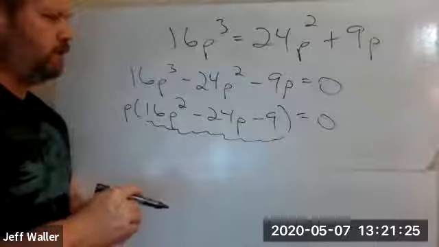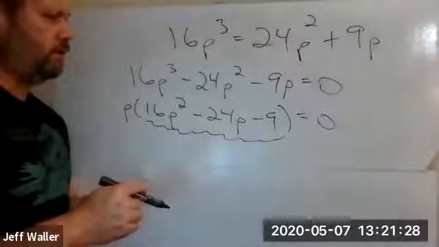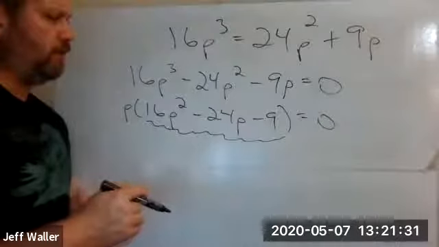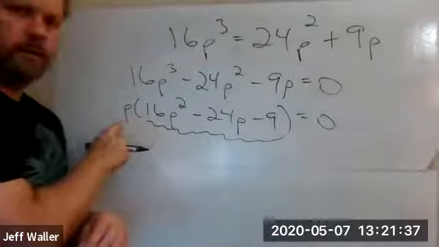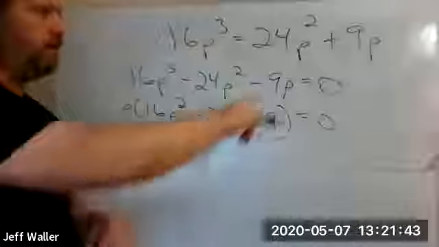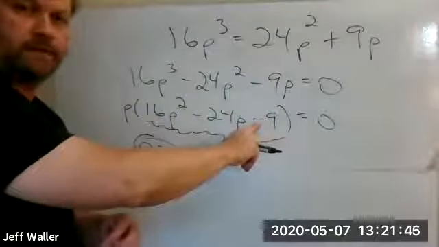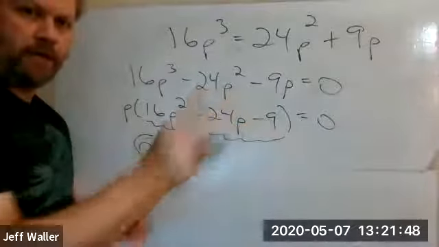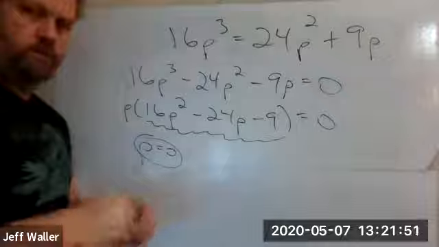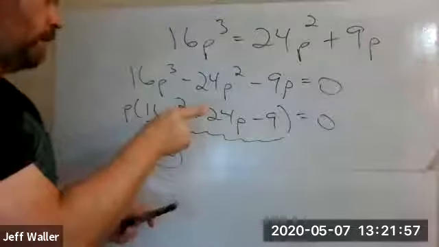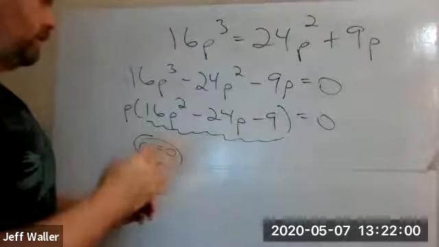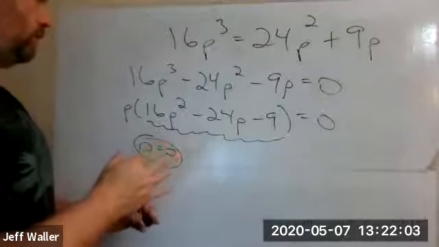Just looking at it, I don't see how it could possibly factor, in which case you only get one answer. What answer do you get? p equals 0. Yep. I think there's a typo. They probably meant that to be a plus, because if that was a plus, you could see that it would work. But the way they've got it written, I'm almost certain that it cannot factor. I don't see how it could.